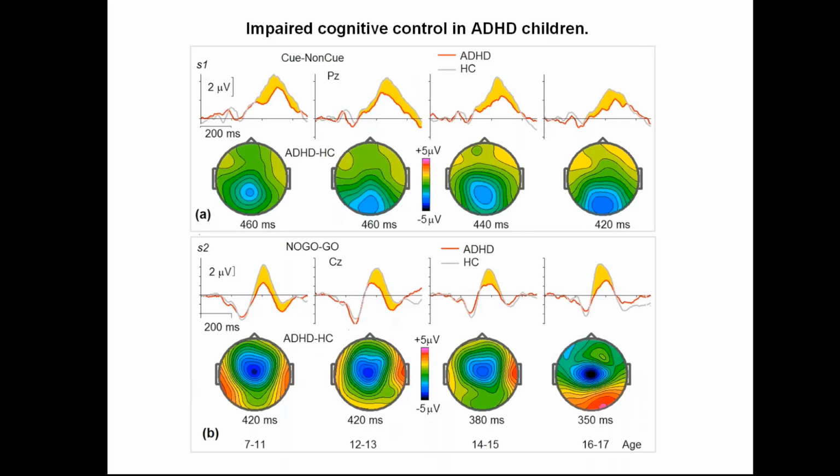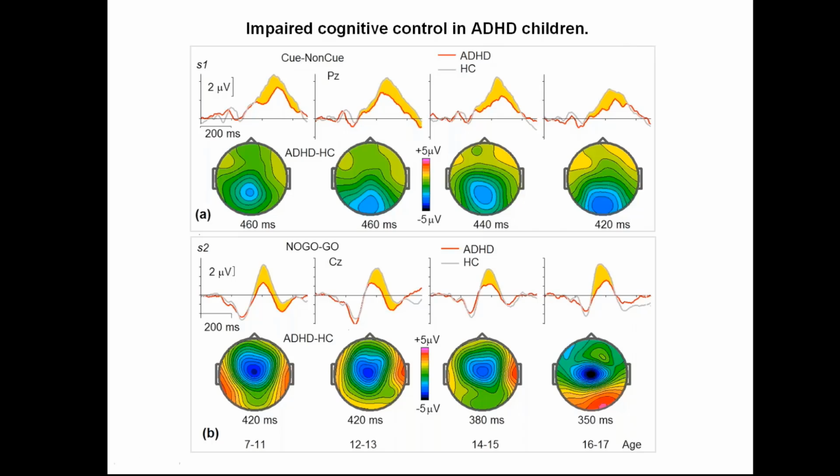And here I present group event-related potentials for different age groups, 7, 11, 12, 13, 14, 15, 16, 17. The grand average ERPs represent ERPs to Q, the first stimulus.